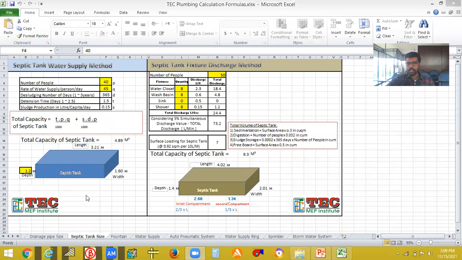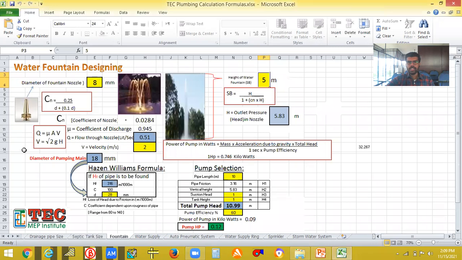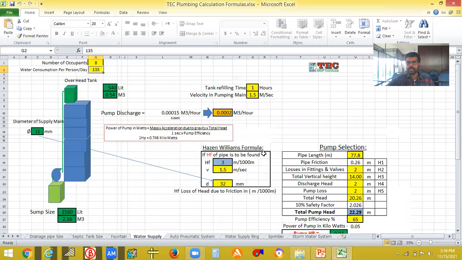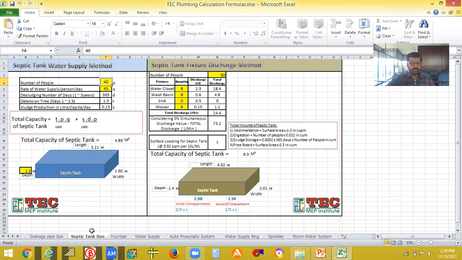I have taken classes with this Excel sheet before itself, like fountain, water supply, pump capacity. All these things are involved in one Excel sheet itself. Here you can see septic tank size.